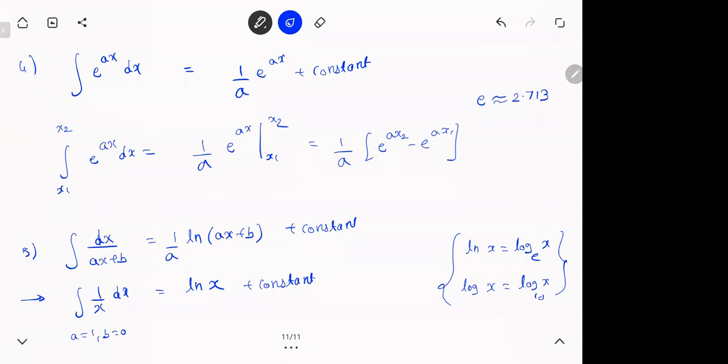Put it down, copy it down. Next time, let's look at the two identities.